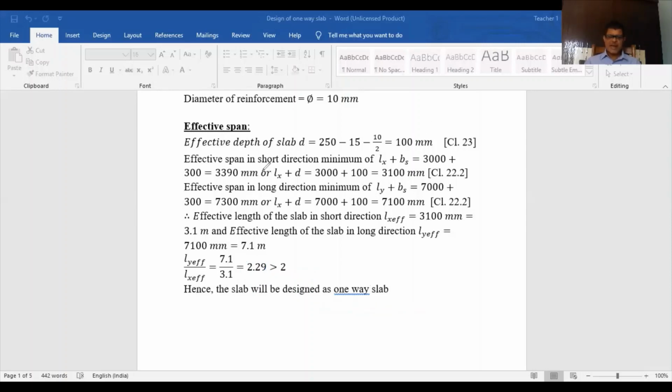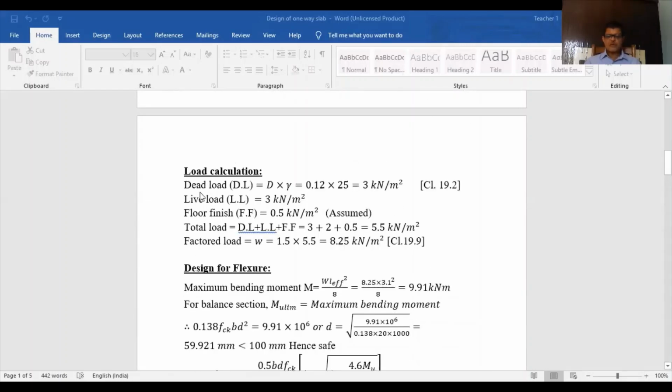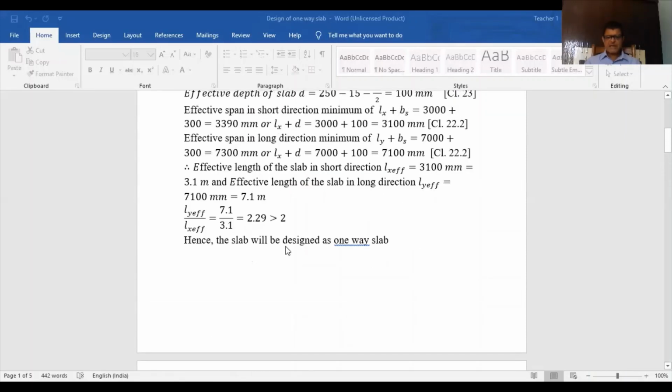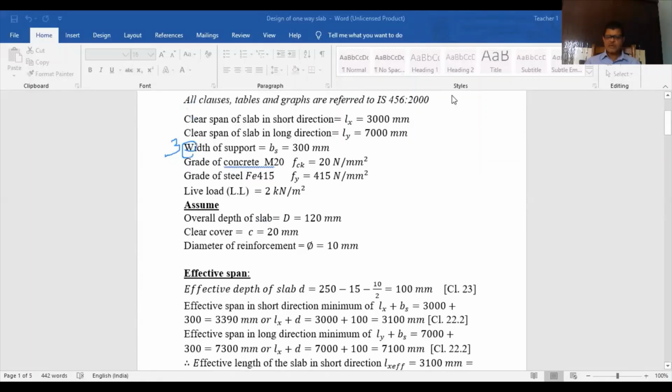Now loading: what kind of loading will come in case of slabs? The loads will be dead load and live load. Live load is given in the question. Sorry, it is 3 kilonewton per meter square, not 2. So make changes: live load is 3 kilonewton per meter square.